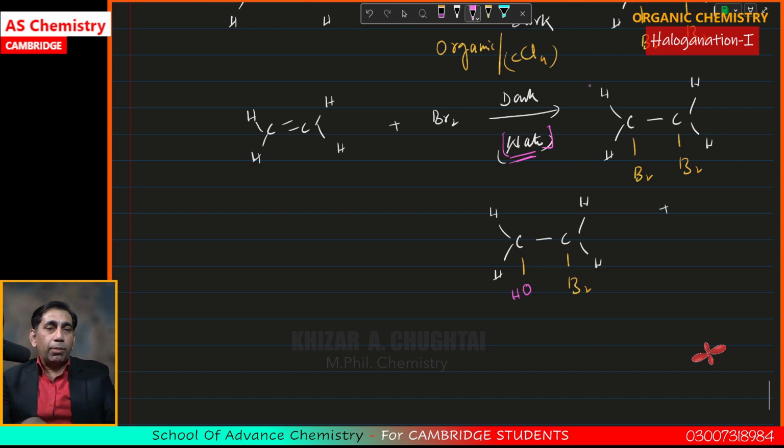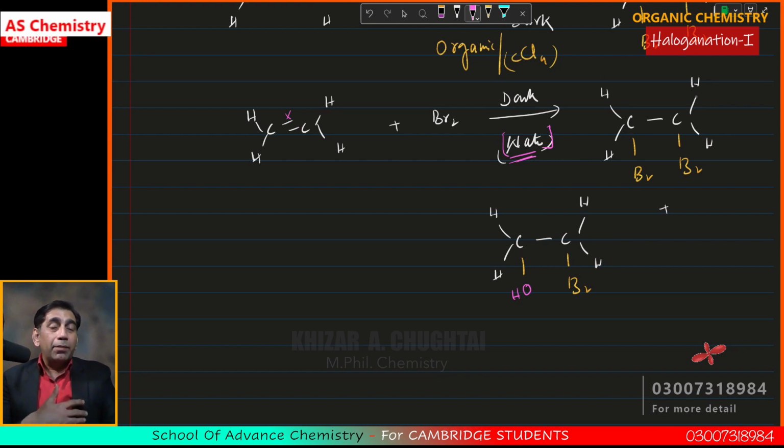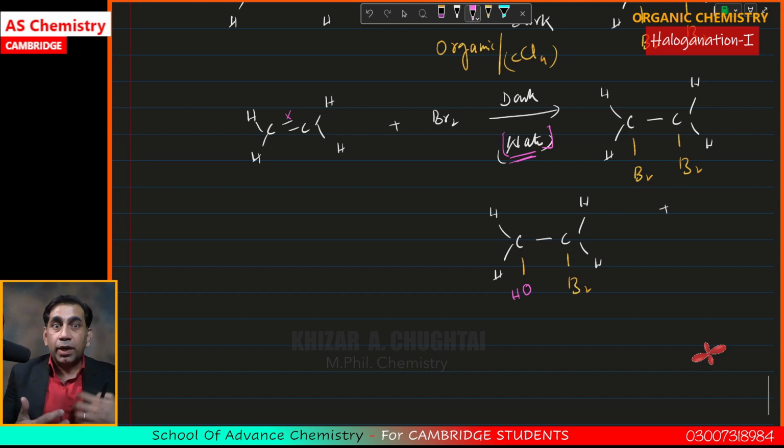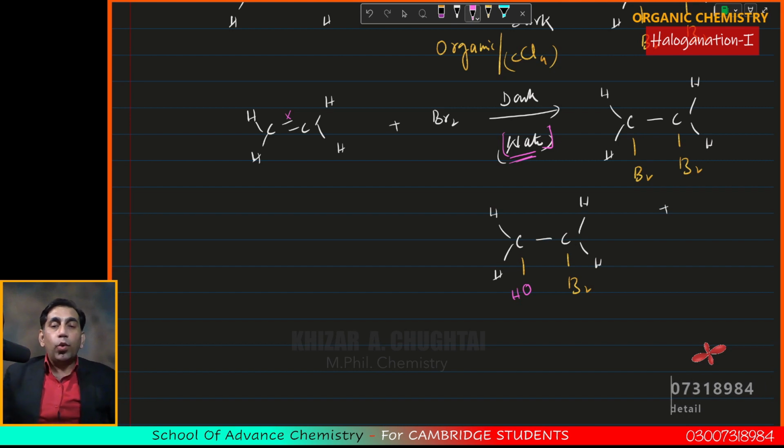Number one, that is a normal one. This bond will be broken down and one carbon will get one Br. The second doubly bonded carbon will get the second Br, and this is the compound. There will be another product as well, a duplicate molecule, you can say, that is also having one Br, same Br, but instead of the second Br, it is going to have an OH group.